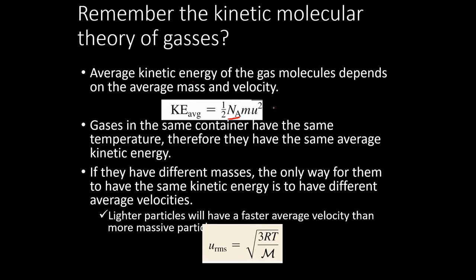So normally it looks like the kinetic energy is equal to 1/2 the mass times the velocity squared. We're using U instead of V, but we just plug that little Na in there just because we have a whole bunch of little particles, not just one. And so this is the kinetic energy of all the particles in that system. It's 1/2 times the number of particles times the mass times the velocity squared.